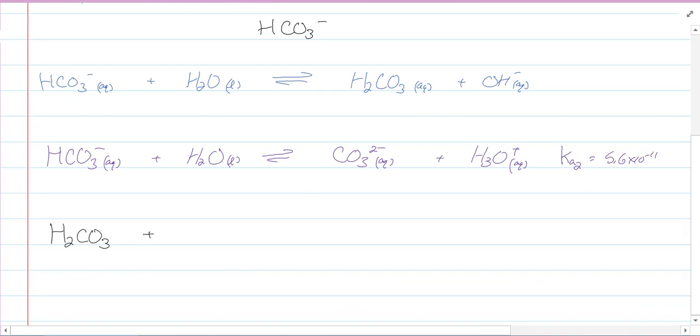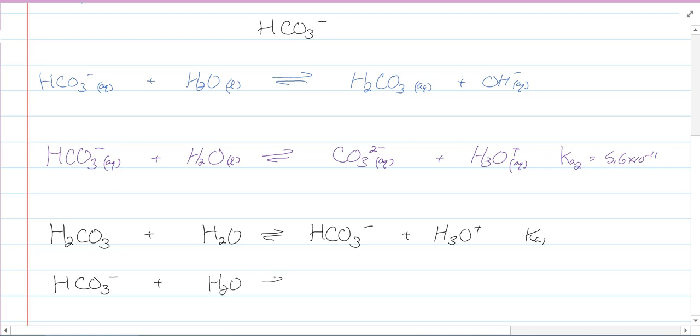I have H2CO3. I'm leaving out state symbols for speed because there's a lot here. HCO3 minus plus H3O plus. And that's Ka1. Then we have HCO3 minus plus H2O, carbonate plus H3O plus, Ka2.